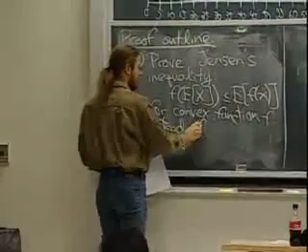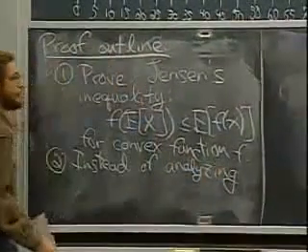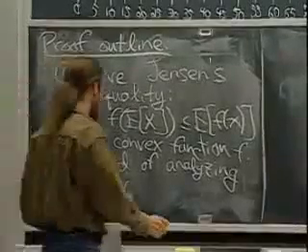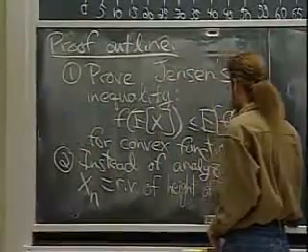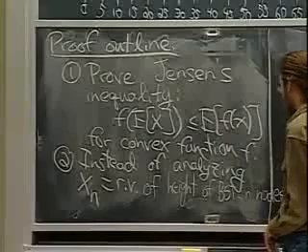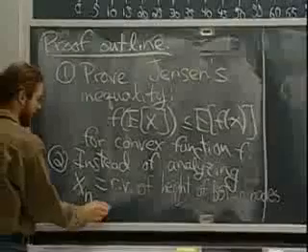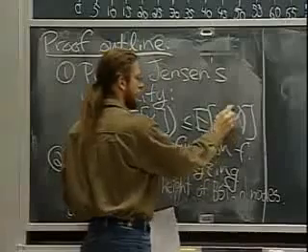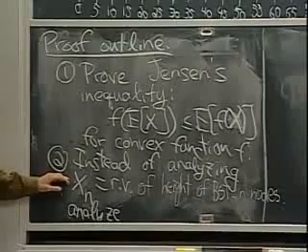is, instead of analyzing the random variable that tells us the height of a tree, which I'll call X_n, the random variable of the height of a randomly constructed BST on n nodes, sorry, this should have been a capital X, we can analyze any convex function of X_n.